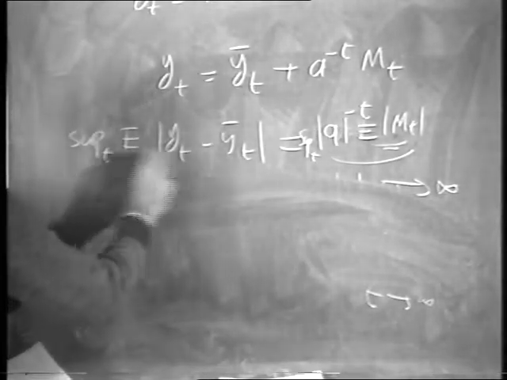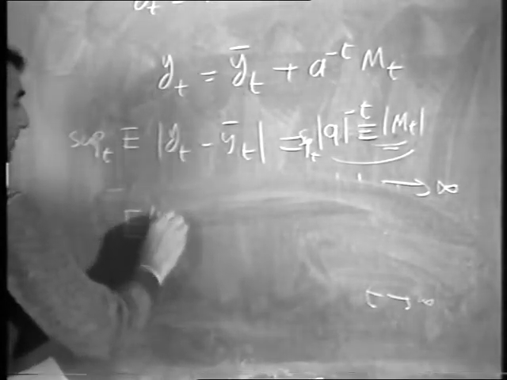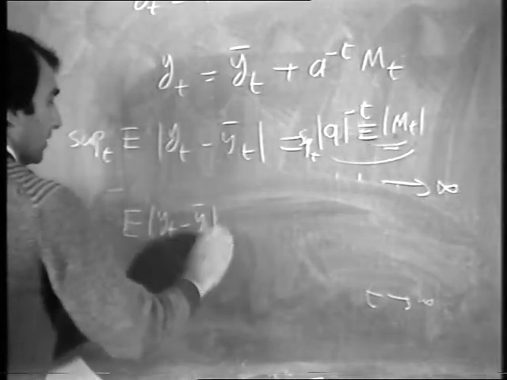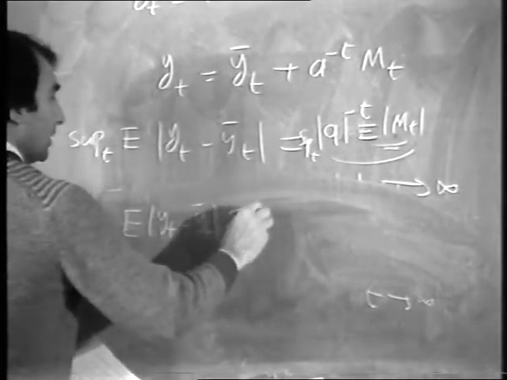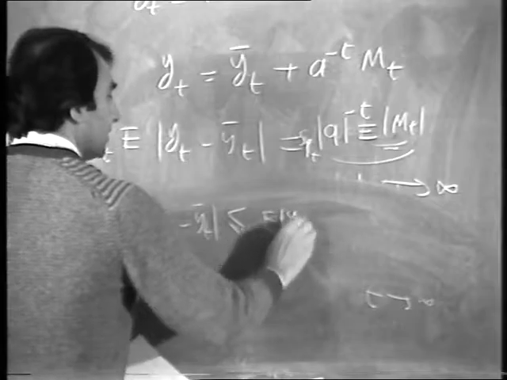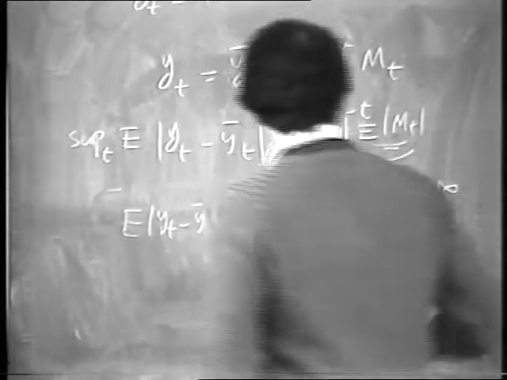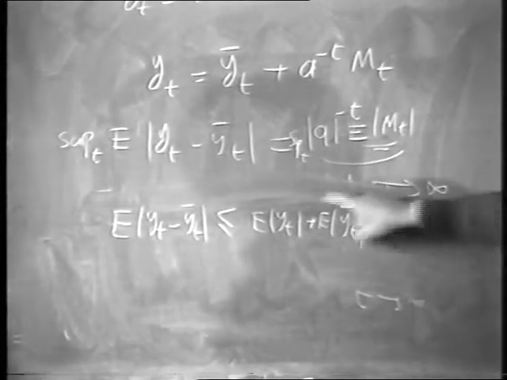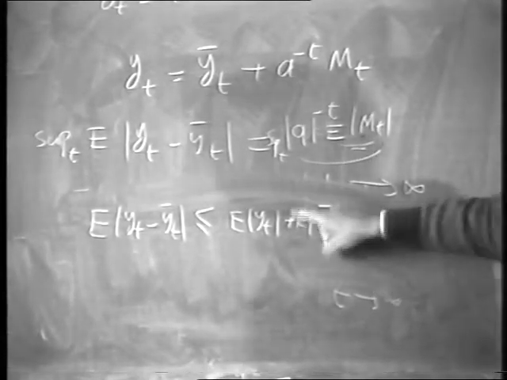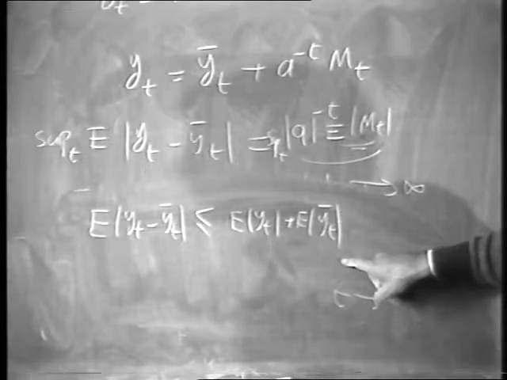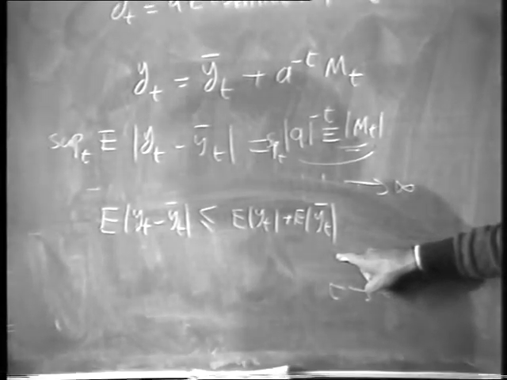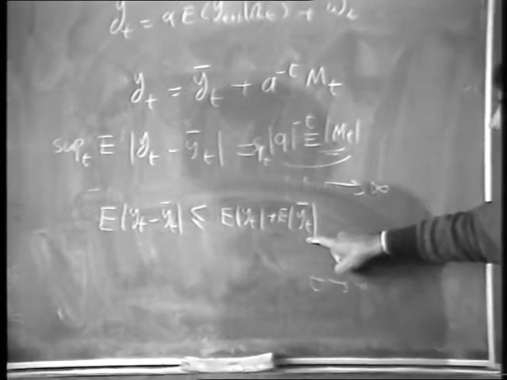And you can also note that the expected value of y_t minus y_t bar is always less than or equal to the expected value of y_t plus the expected value of y_t bar. This is always finite, because by assumption it's a stationary process, so it's always a finite number.